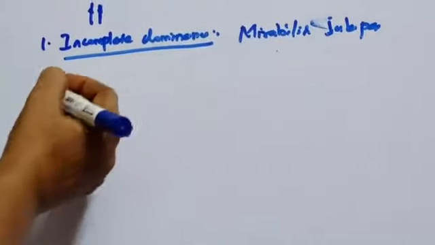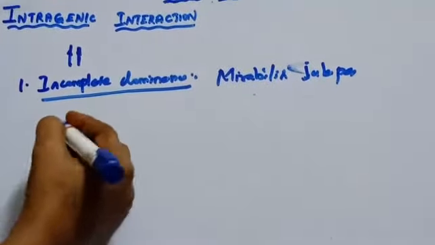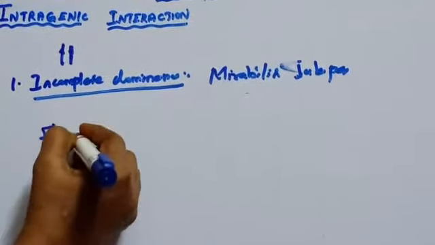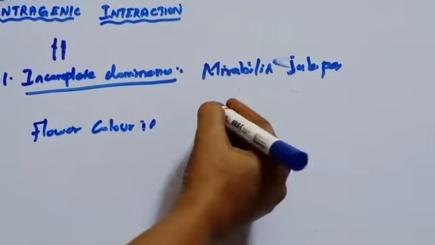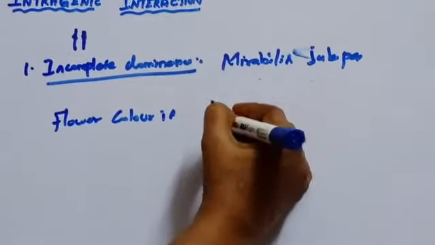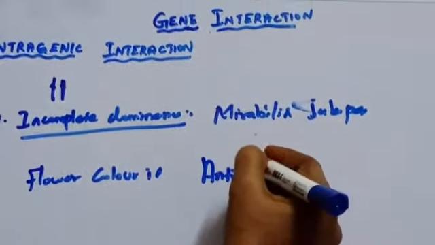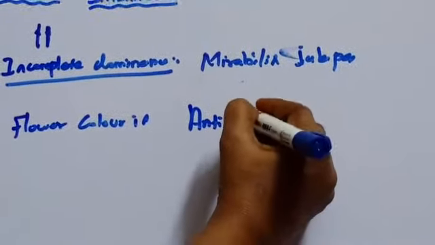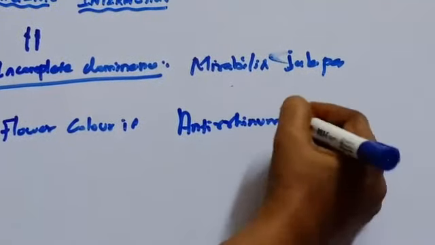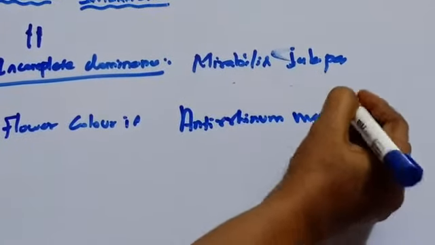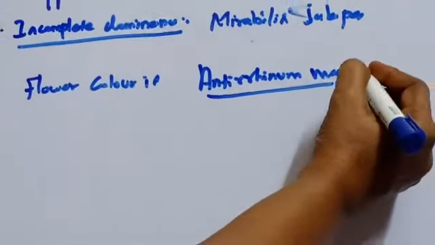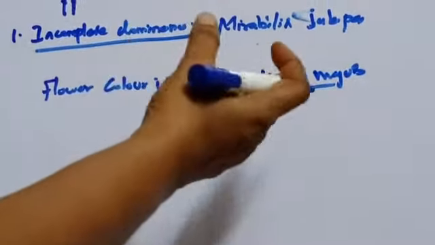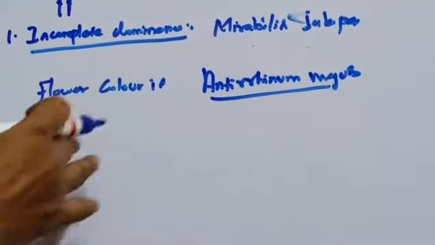Then another example for incomplete dominance is flower color in Antirrhinum majus. Incomplete dominance is also seen in the flower color of this plant.